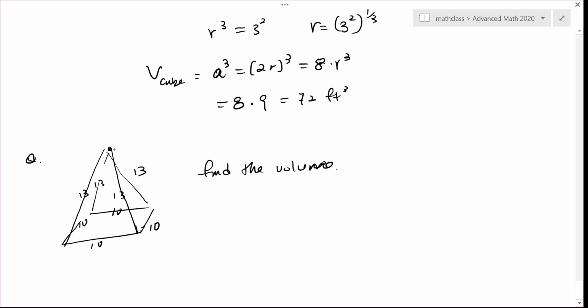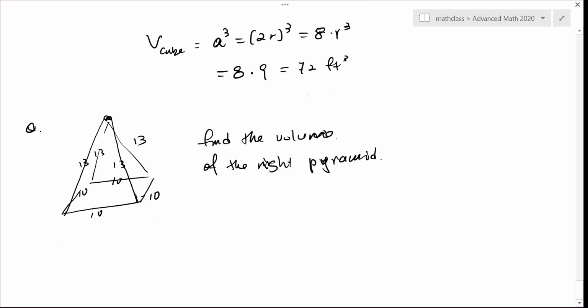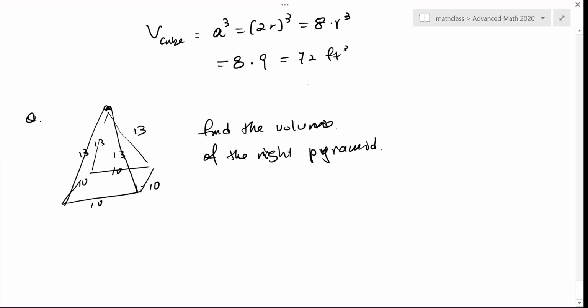This is the right pyramid, the regular pyramid, so the vertex is right above the center of the square. Can you work out this problem?